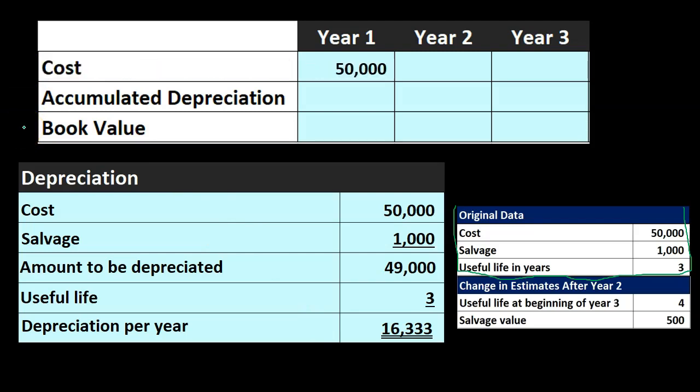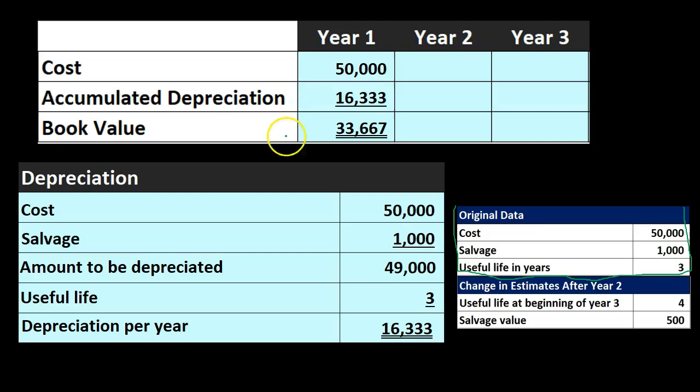So the book value at the end of year 1 is going to be the cost, 50,000, less the accumulated depreciation, which is only 1 year at this point, being just this 16,333. Subtracting, 50,000 minus 16,333, we have a book value after year 1 of 33,667.